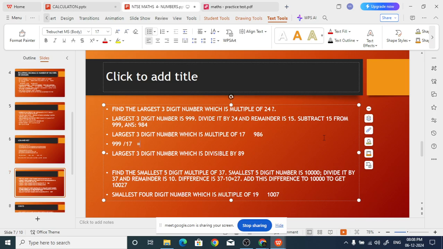What is the quotient? What is the remainder?